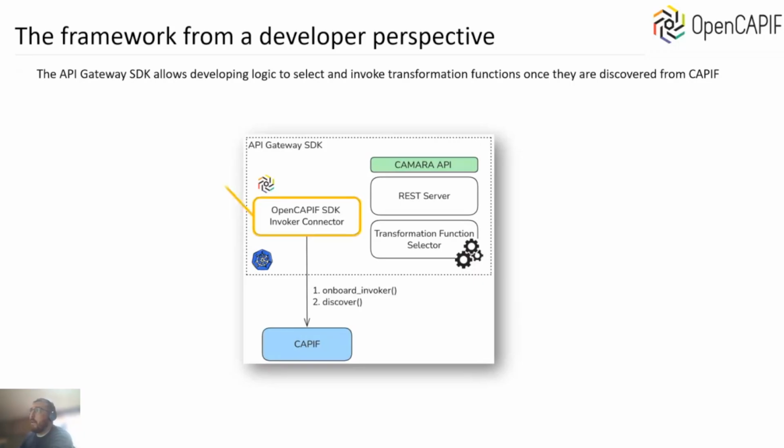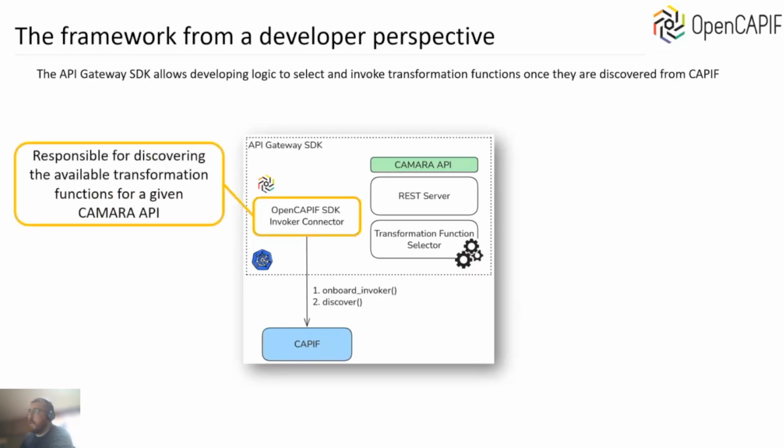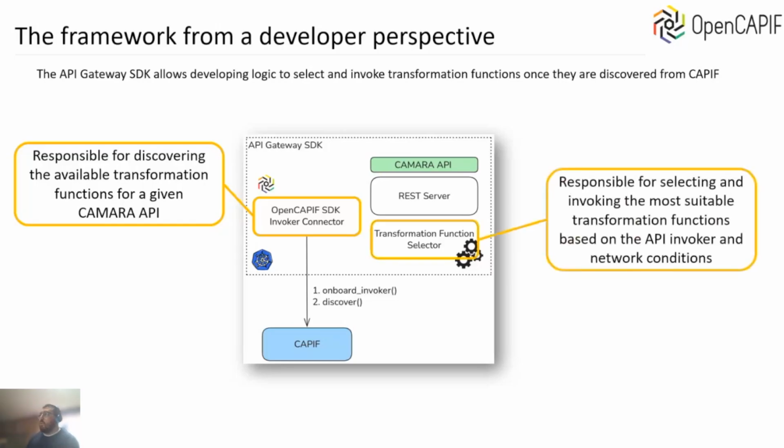So we are using the OpenCAPIF SDK invoker connector for onboarding the invoker on CAPIF and to discover the available transformation functions that are published on CAPIF. And here the developer is only supposed to develop the logic to select the most appropriate transformation function based on who is invoking the CAMARA APIs, the simplified APIs.